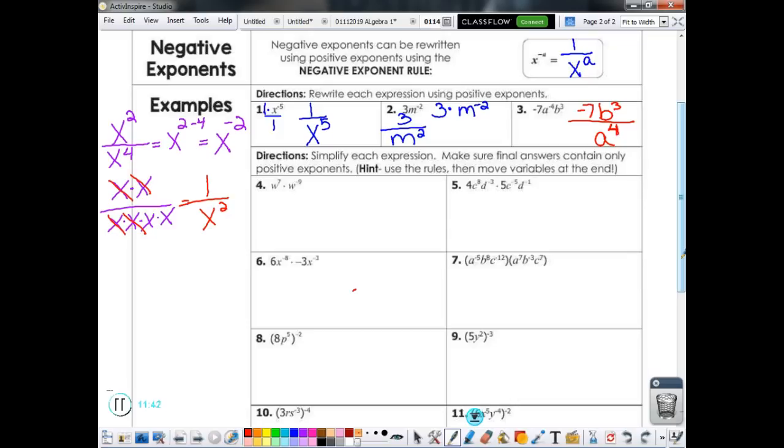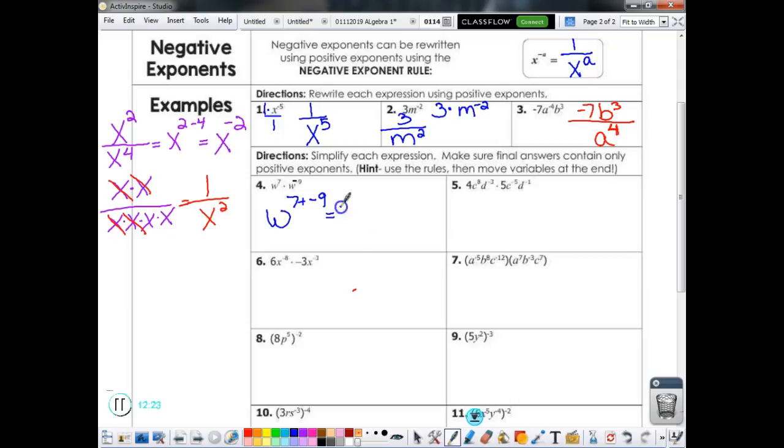So from Thursday, we multiplied. What did we do with the exponents when we multiplied? You added them, right? So you have to add the exponents here because it's w to the 7th times w to the negative 9. On the paper it's negative, it's kind of hard to see. So it's w to the 7 plus negative 9. So this equals 7 plus negative 9, what's that?